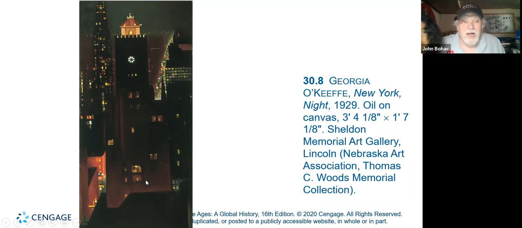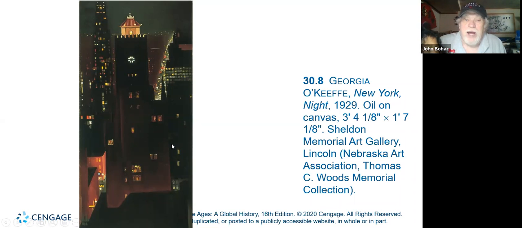And so O'Keeffe will go on, and in the early 1930s will move out to Taos, New Mexico, start an artist colony, and give up these cityscapes in favor of doing up close versions of flowers and plants.